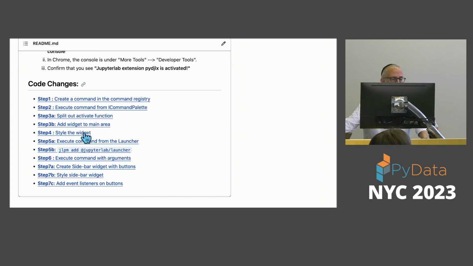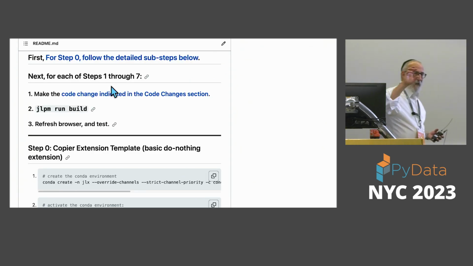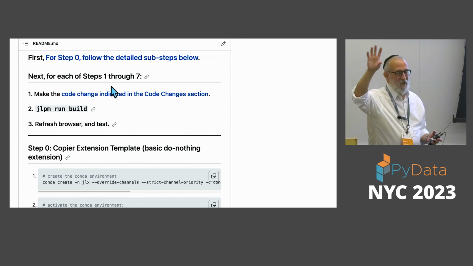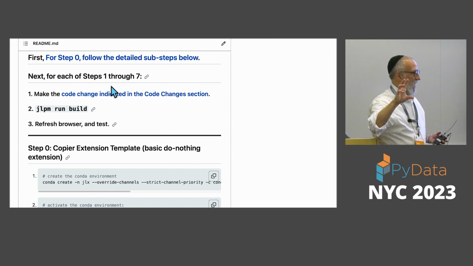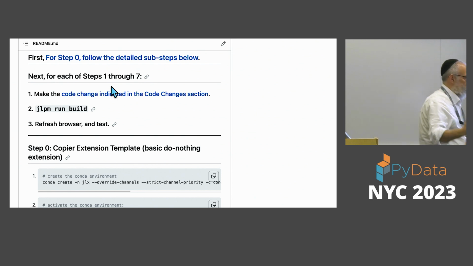If I click on any of these other steps, again, it takes you to the GitHub diff. When I got to the slide where we created the widget, just put up that first widget that just said hello world, at that point, that's where you can build an application, right? You can use any browser-based technologies that you want. You can use React, you can use TypeScript, whatever you want there to build whatever application you want right there in that widget.